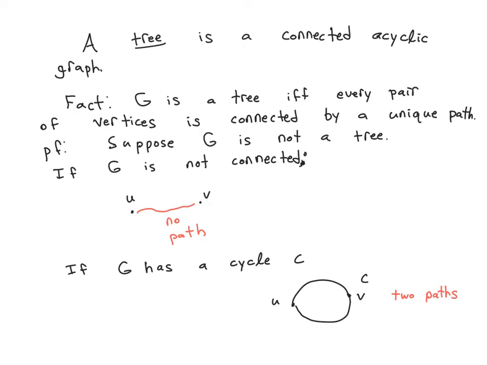which allows us to arrive at our definition of a tree. A tree is a connected acyclic graph. So between any two vertices in the graph, there's a way to get from point A to point B, and there are no cycles. And it's called a tree because when you draw it, it looks vaguely like a tree.